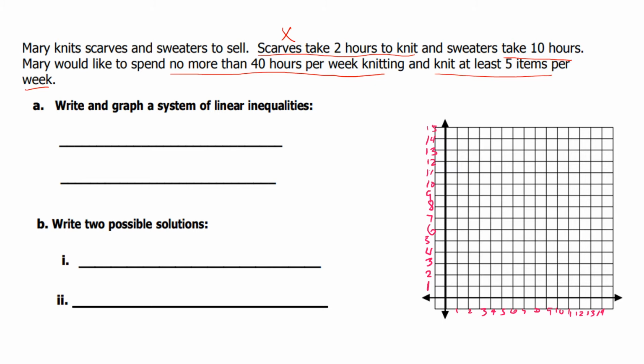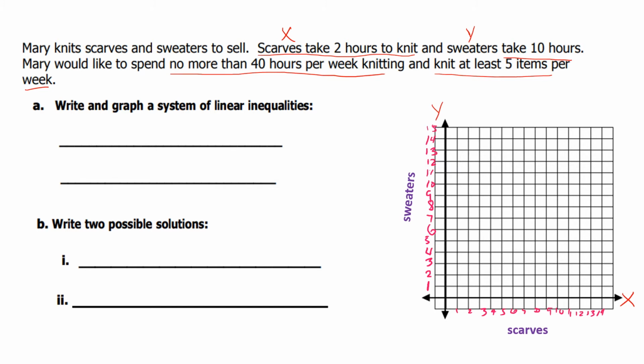And then I'm going to let my sweaters be y. So when I graph, my x value will be my scarves, and my y value will be my sweaters.